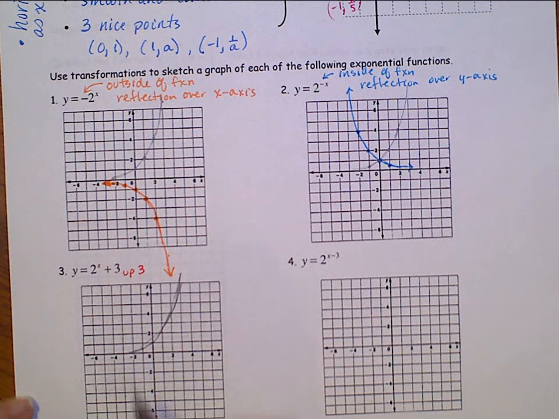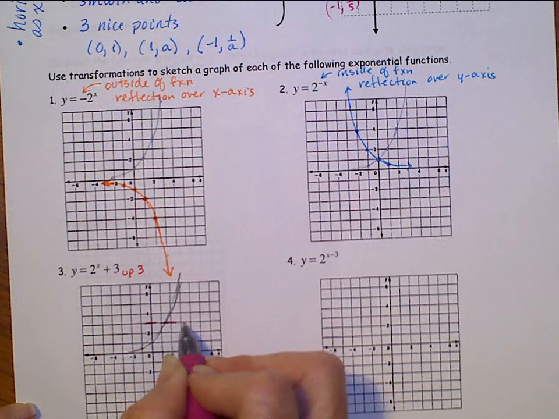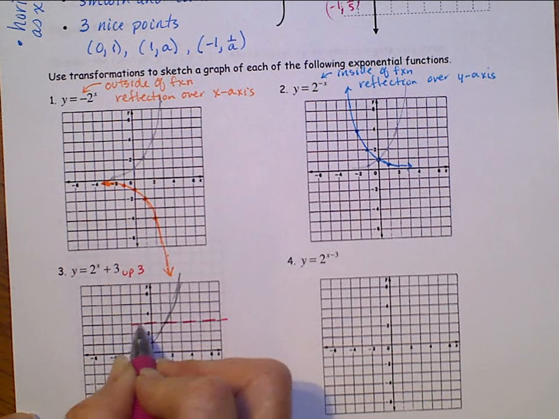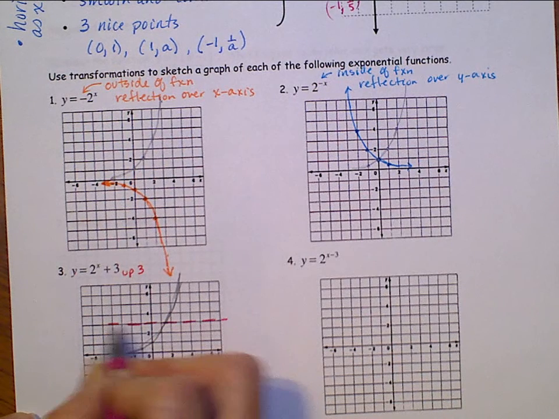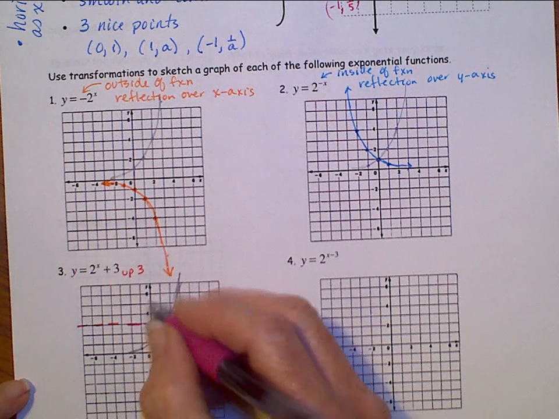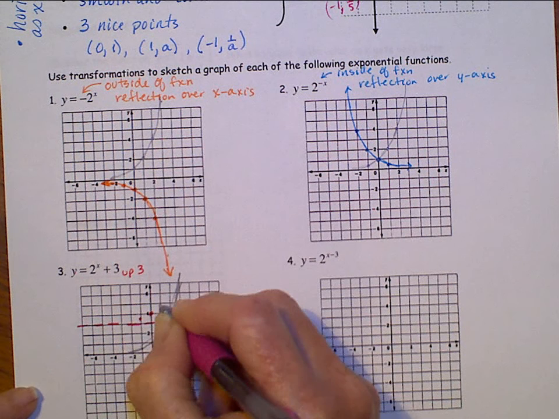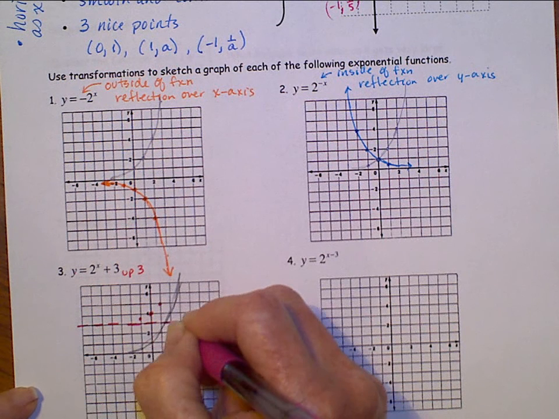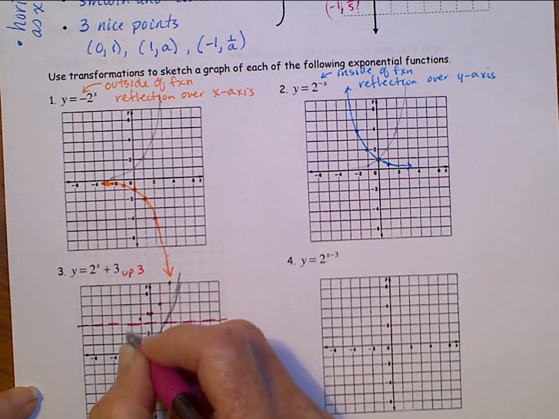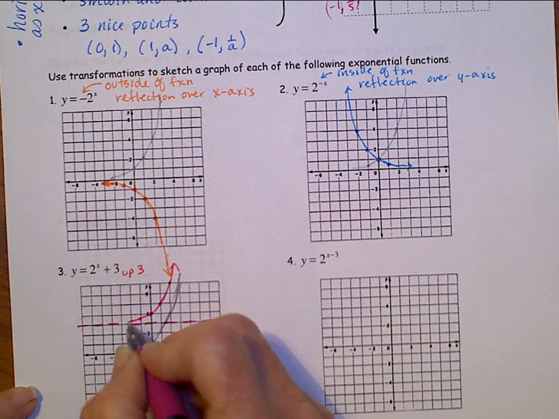That's going to take our horizontal asymptote at y equals 0 and put it up at y equals 3. And we just graph from there. Just move every point up 3. And there we go.